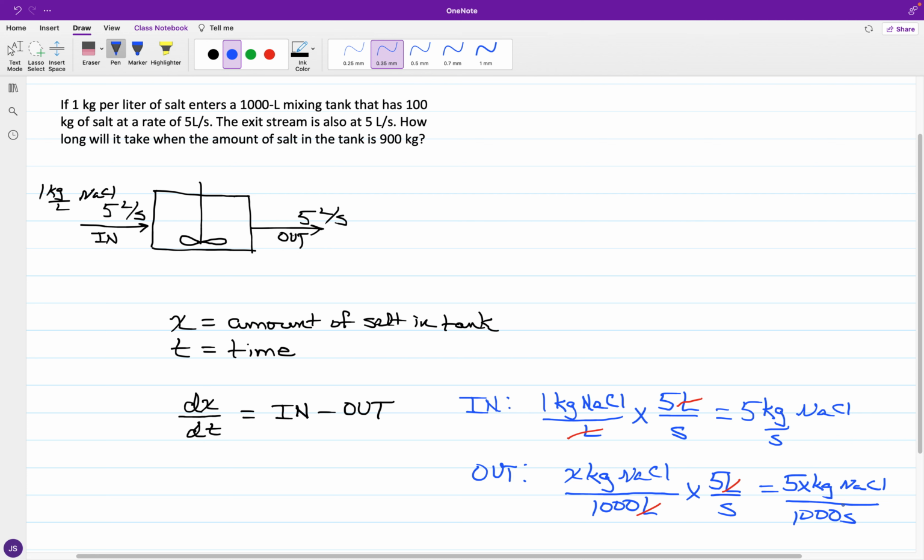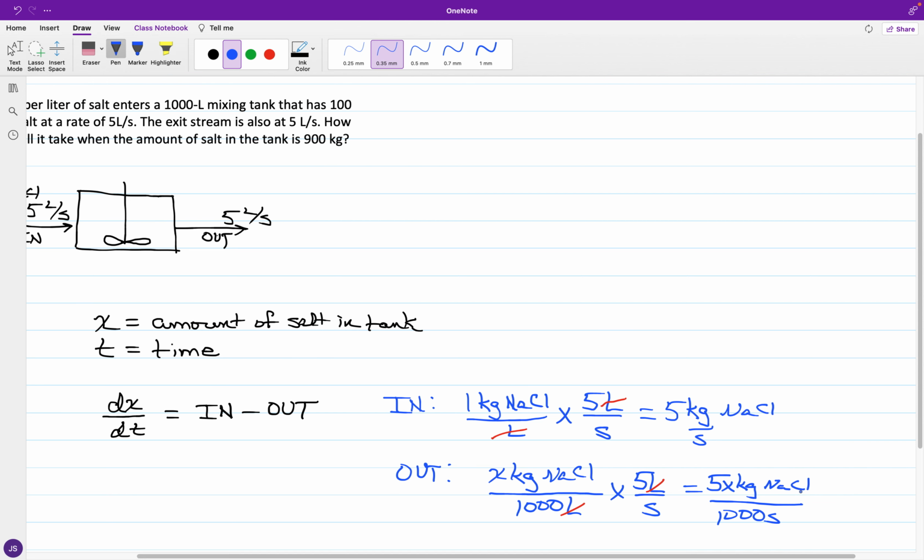If you notice, for this ratio, you've got 5 over 1,000, and we can simplify this to x over 200.